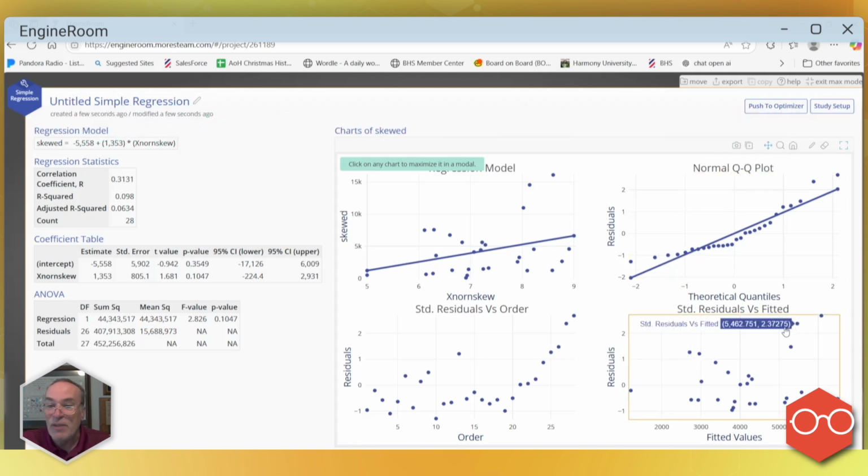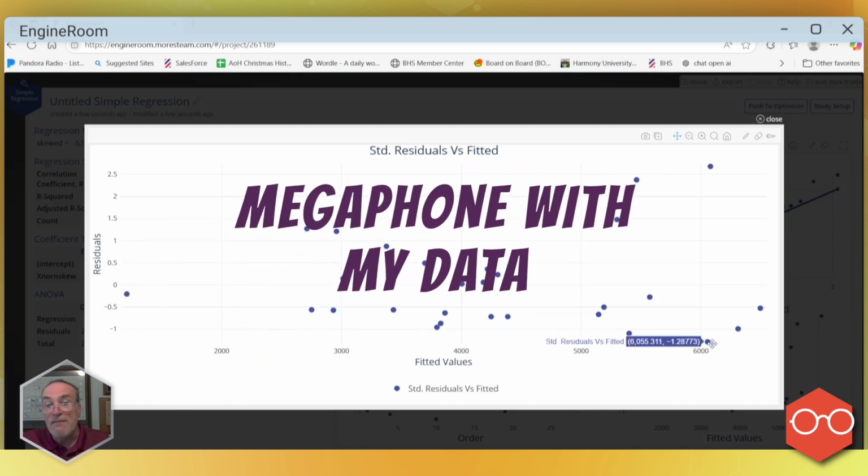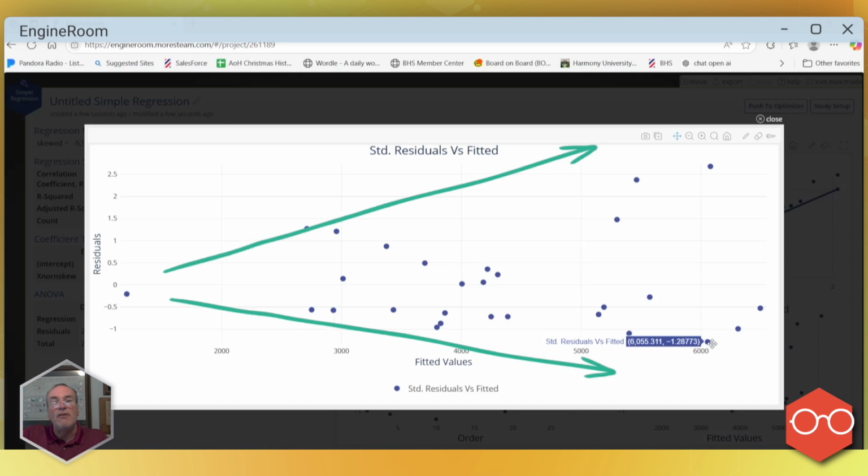So that's a problem. And if I click on this graph down here, it's a little challenging to see. I probably could have tried to do a better job, but I'm getting a bit of a megaphone with my data. Anytime you get a megaphone where it's flaring out or flaring in, that's a problem.